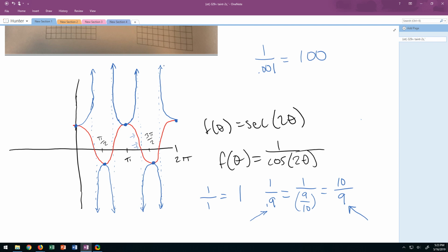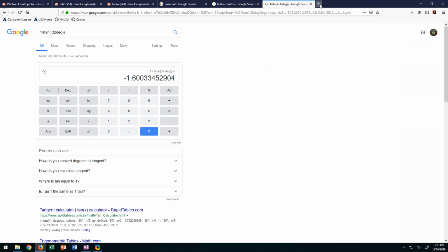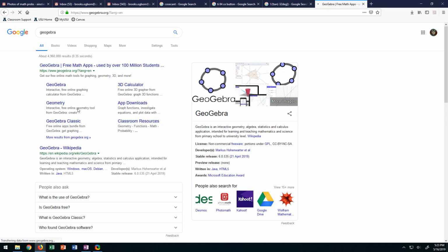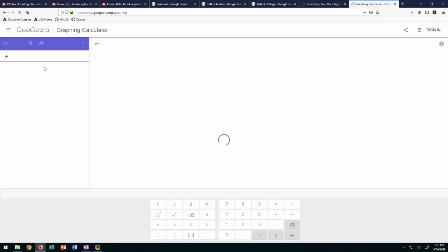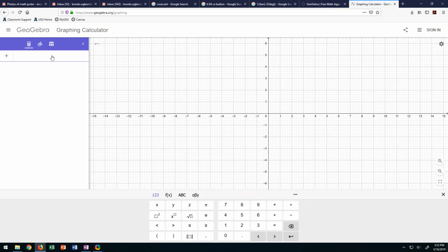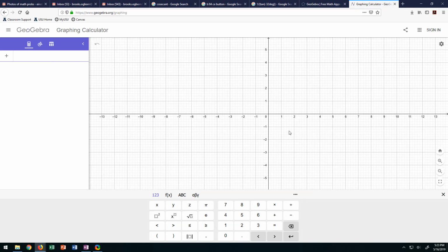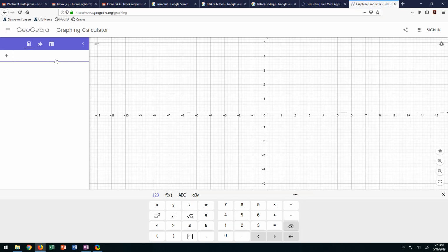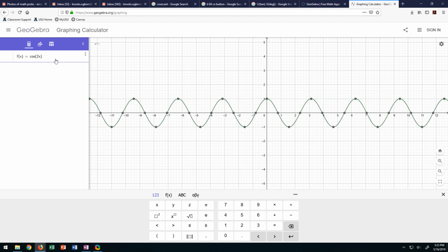Now, of course, I don't even know if we had to do that by hand, so let's check and see if the graphing calculator agrees with us. Let's go to GeoGebra. Alright, here we go. Start graphing. Okay, I hope it's already in radians. If not, I'm going to be very sad. Alright, here I'm going to have f of x, please make it red, is going to be equal to the cosine of 2x.